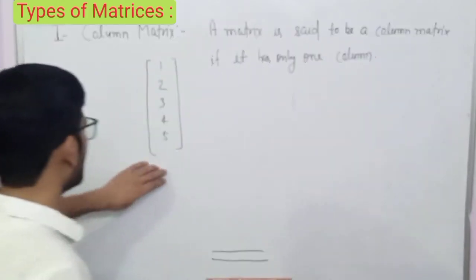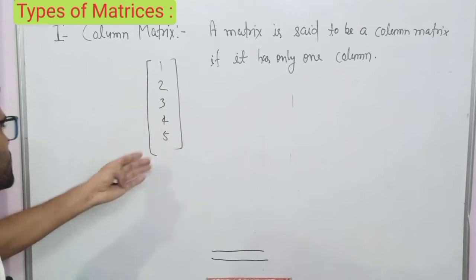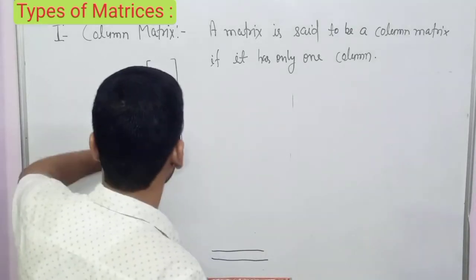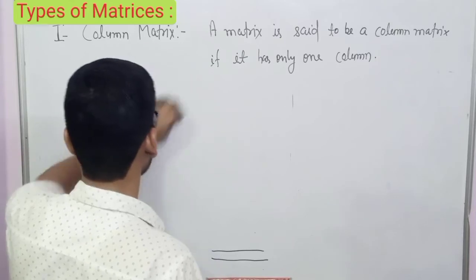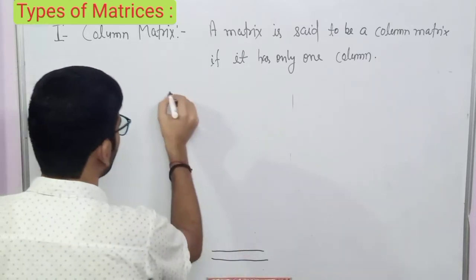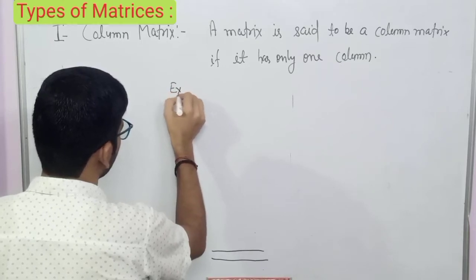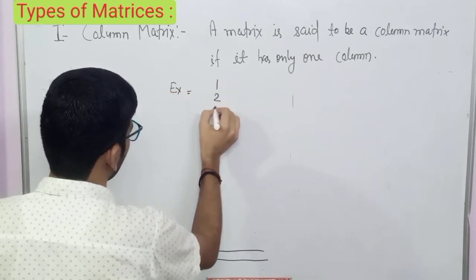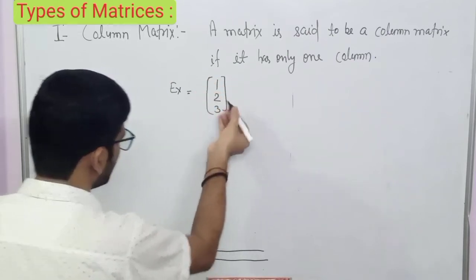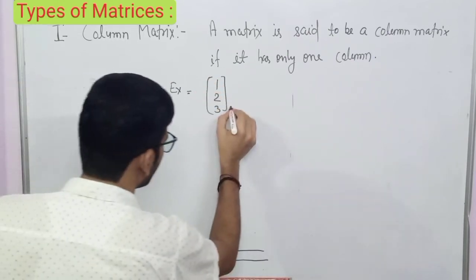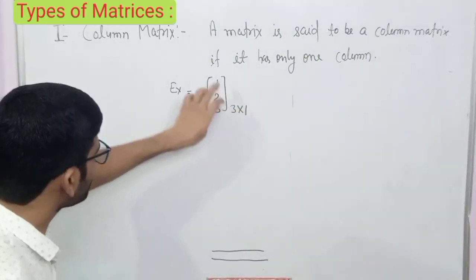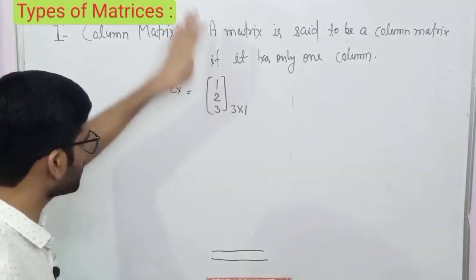Okay, only one column. You can write an example. For example, 1 2 3. What is the order of this matrix? It is 3 cross 1. Okay, 3 rows, 1 2 3, and column is 1.